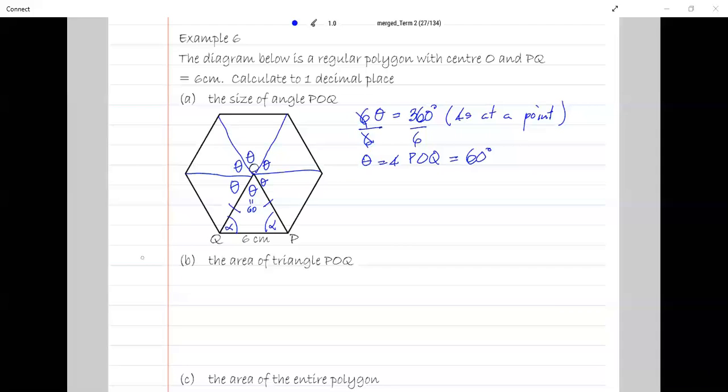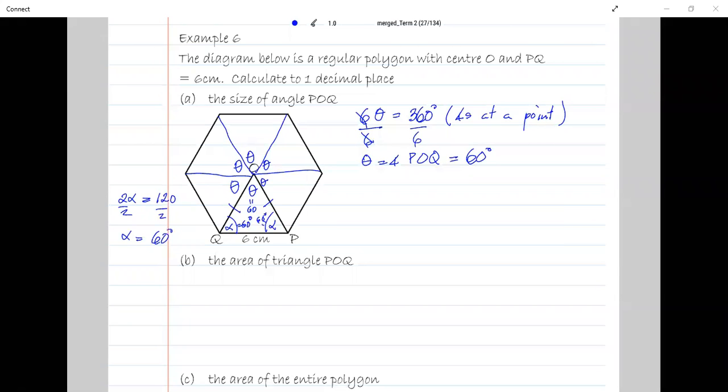So these two must add up to 120. So 2 alpha is equal to 120. If you divide that by 2, you're going to get alpha is equal to 60 degrees. So what I wanted to show is that all of the angles are 60 degrees. Help me now? Yes, sir. All the three angles inside are 60 degrees.